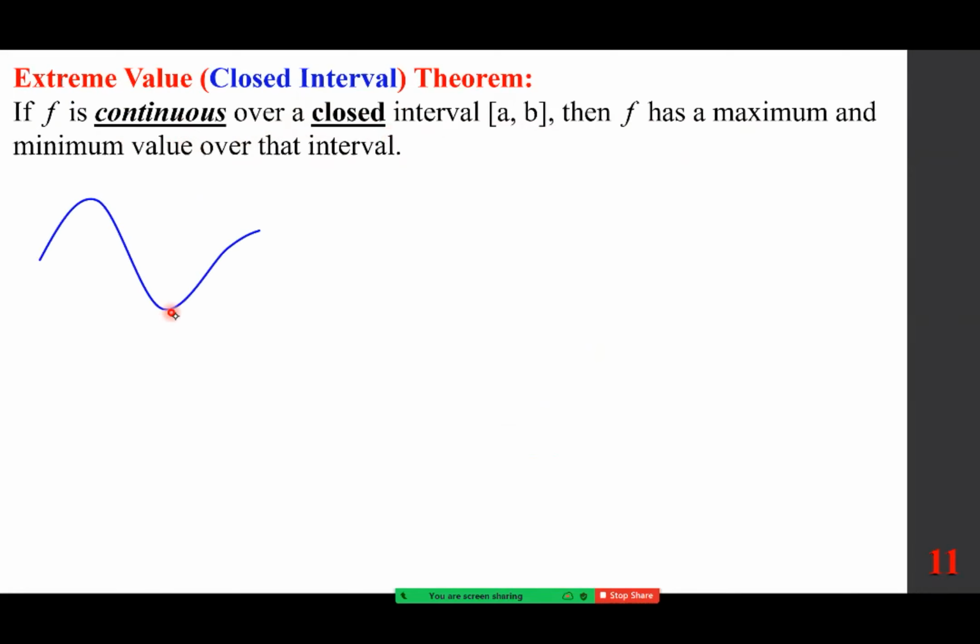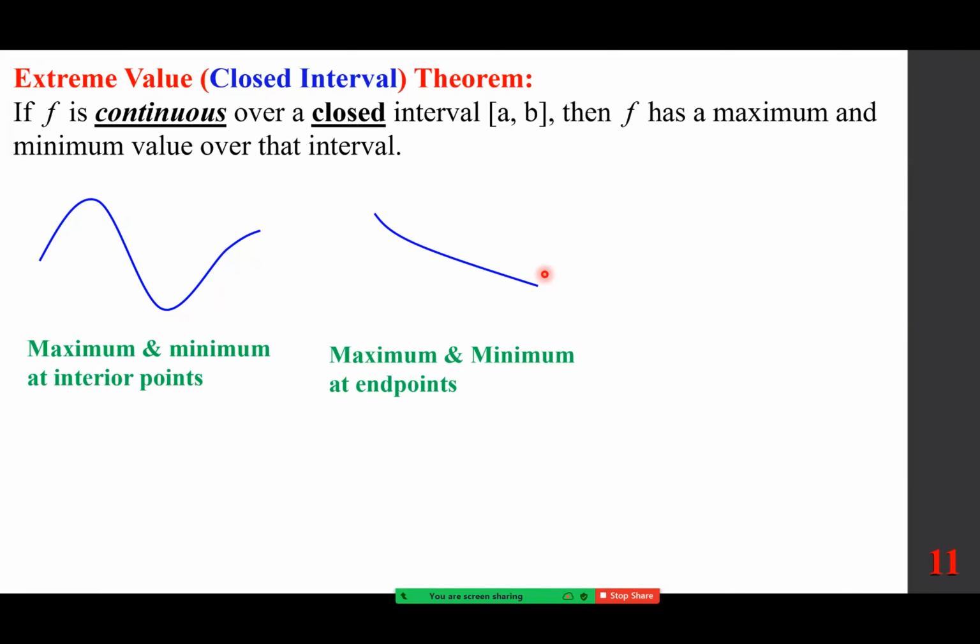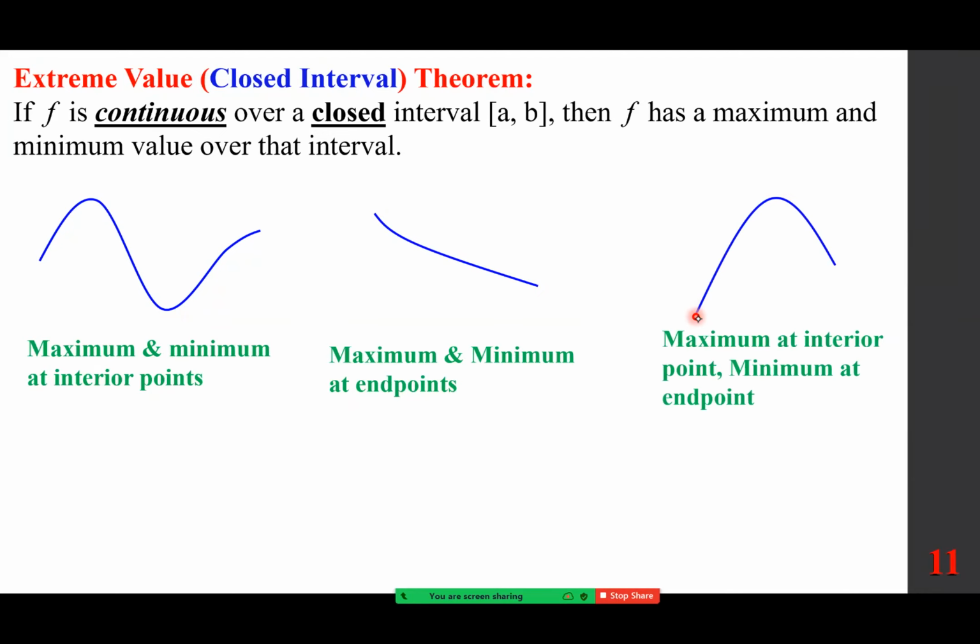Absolute max here, absolute min here, maximum and minimum at interior points. Absolute max here, absolute min here, max and minimum at endpoints. Max here, min here, maximum at interior point, minimum at endpoint.